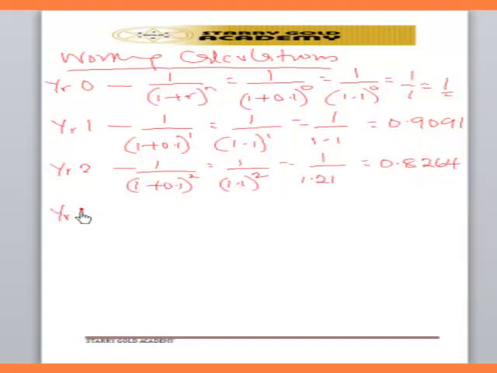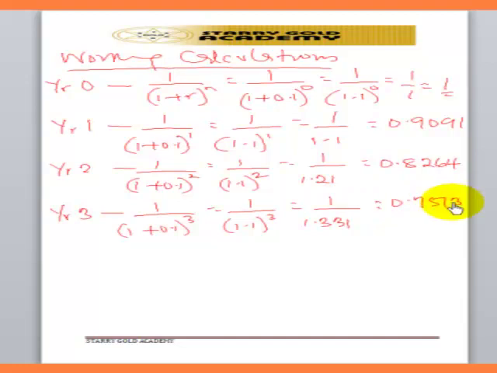This is equal to 0.8264. Then year 3, we have 1 over 1.1 raised to the power 3. That will be 1 over 1.331, which is equal to 0.7513.